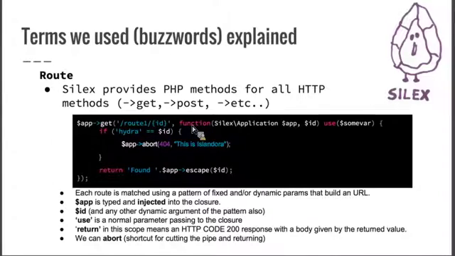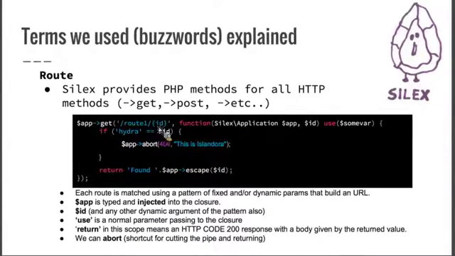I'm telling the function to use the Silex application, app. I'm type hinting here. This is also dependency injection. And I'm also telling it to use ID directly. But I also have another statement that allows me to use an external variable somewhere and make it local. And then I just make some checks.